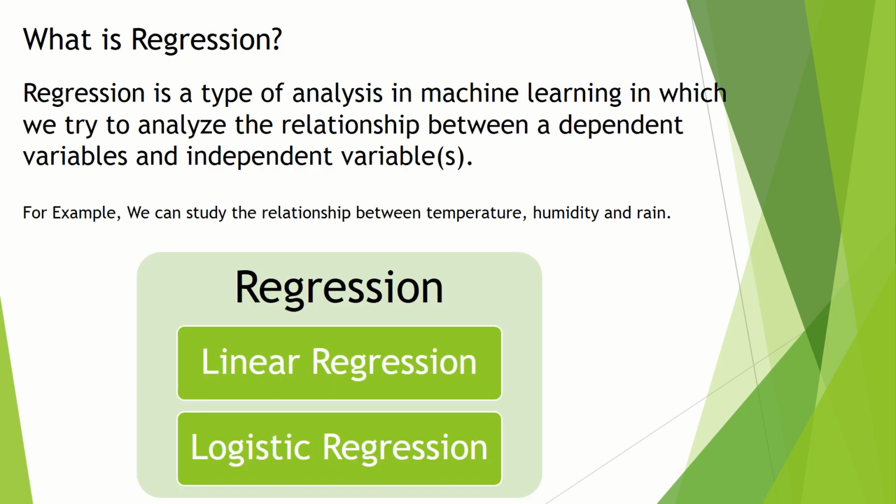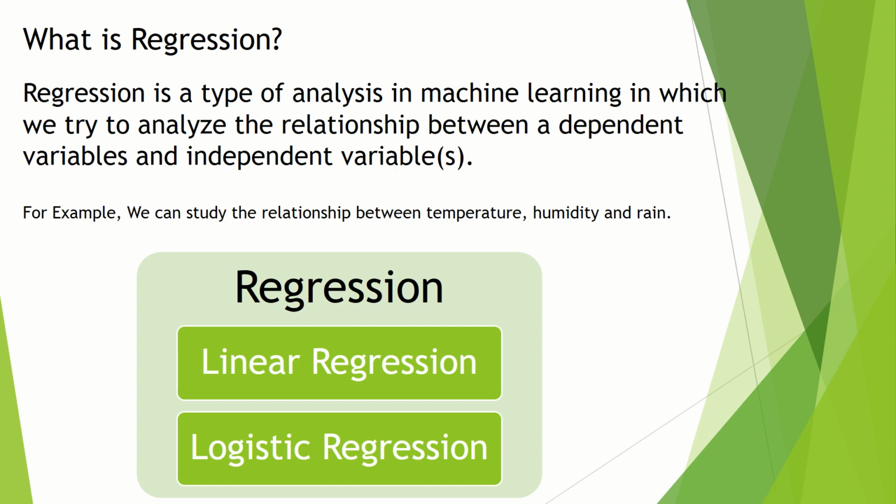Even before knowing logistic regression or linear regression, it is important to know what is regression. Regression is a type of analysis in machine learning in which we try to analyze the relationship between a dependent variable and independent variables, and there could be many independent variables when we do this study.